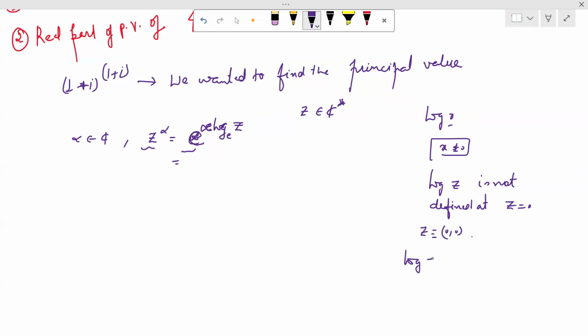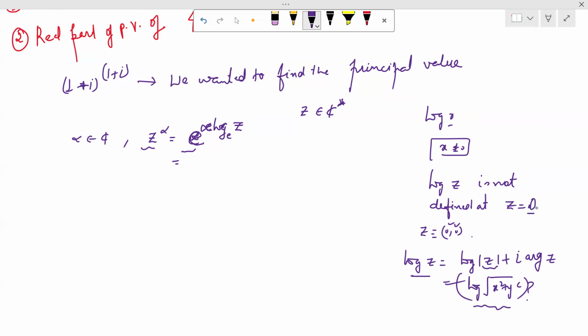If you remember, log z is equal to log of modulus of z plus iota times argument of z, and mod z is root over x square plus y square. The log of it is a real valued function. Now, if x is 0 and y is 0, it will not be defined. So kindly remember, even log z is not defined at z equal to 0.